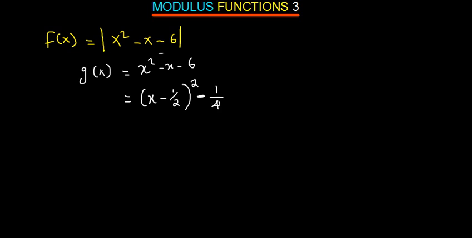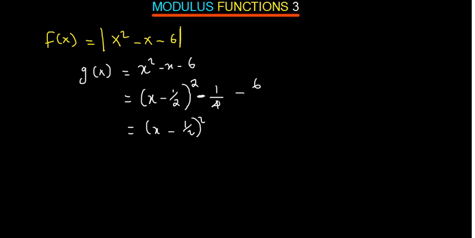Okay? So this first part you are able to see here, this is the one that you are seeing down here. And then write the negative 6 at the end. So this is going to give you x minus 1 over 2 squared.